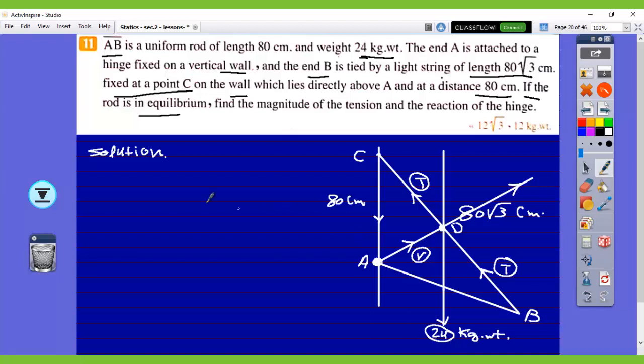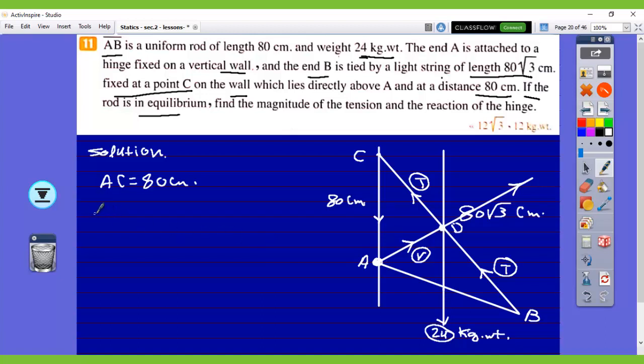We have AC equals 80 centimeters. And now we want to calculate the length of CD.